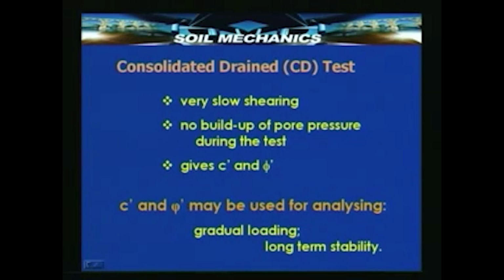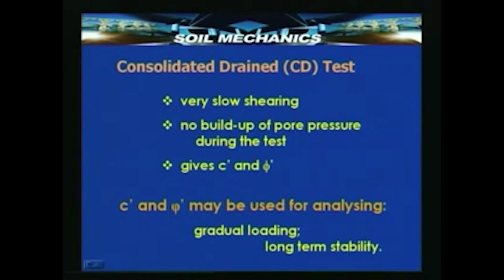Now where do we use this c dash and phi dash? What is the application of this test? The application of this test lies in the fact that it gives us effective strength parameters, and they are very useful wherever this test condition replicates the field condition.